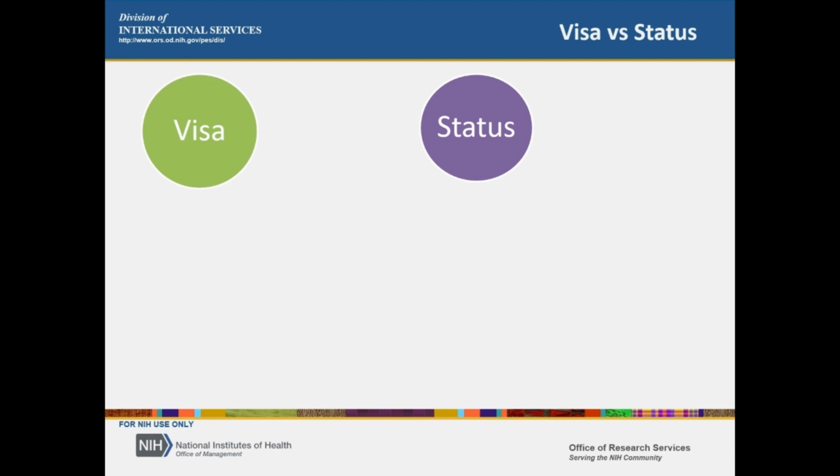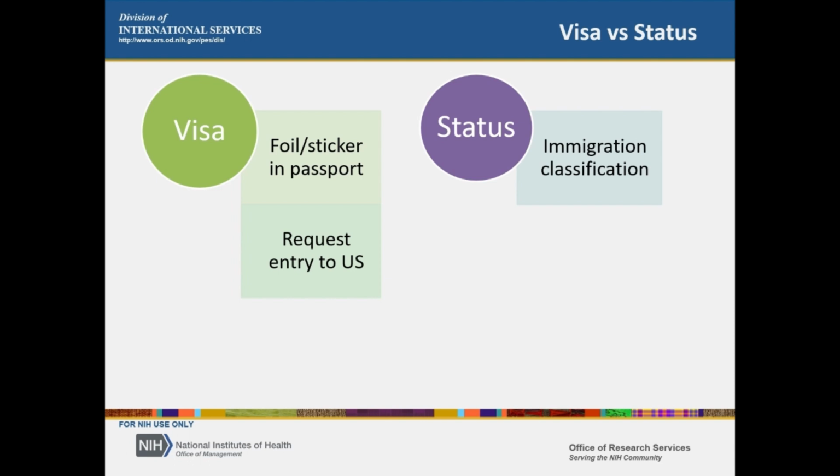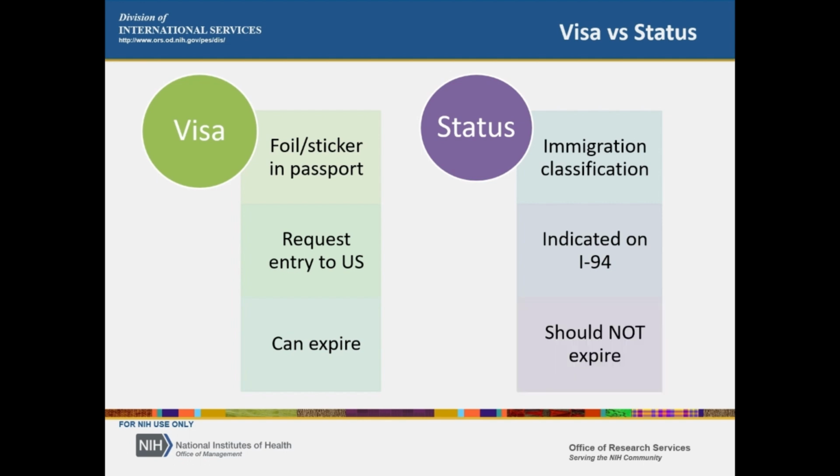As a reminder, the term visa refers to the foil or sticker that is placed in your passport and is used only to seek entry into the US, whereas status refers to your formal immigration classification in the United States as indicated on your I-94 arrival and departure record. A visa can expire while you are in the US, while a status should not.